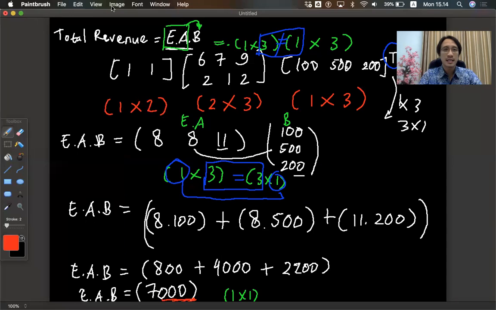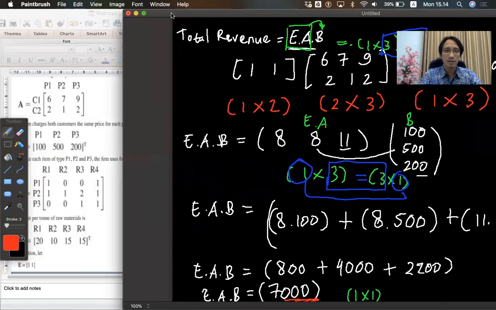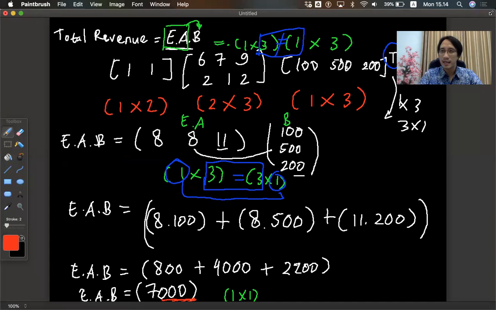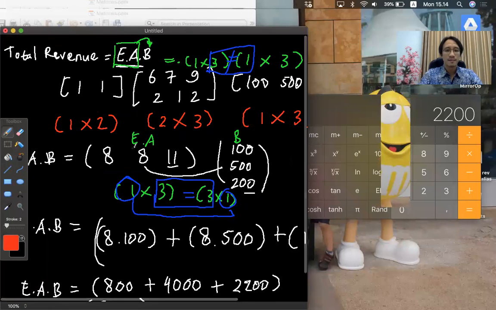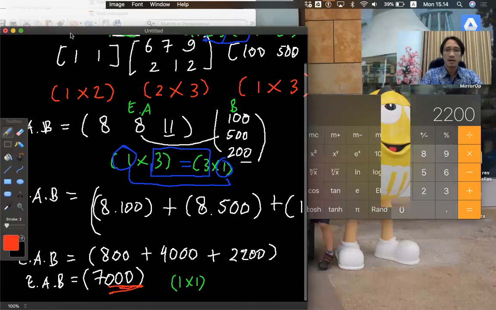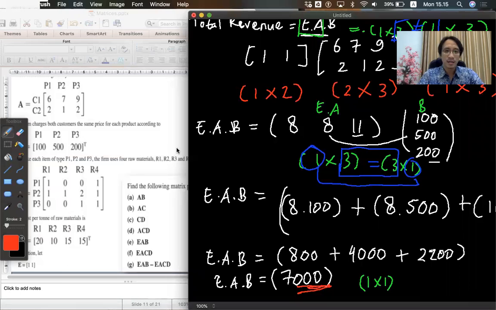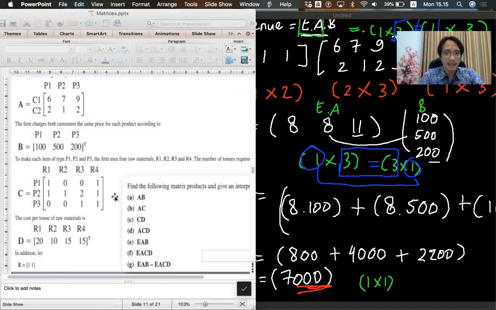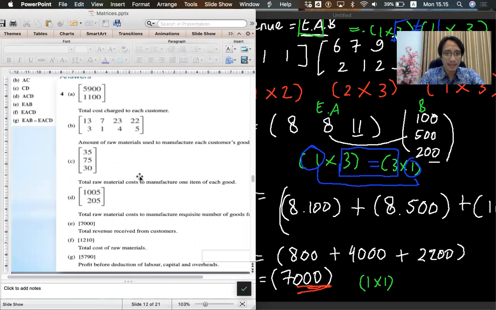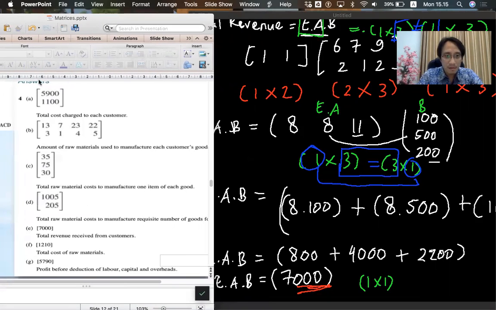Let's see and compare with the answer key. So you can try to calculate or solve all of this problem, and you can check your result with this key answer. E is 7,000. So this is the total revenue.